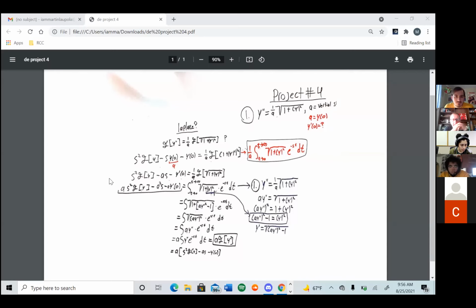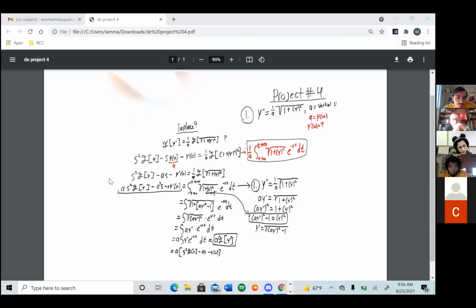Okay, I am staring at what is very beautiful work. Martin, so the Laplace transform.